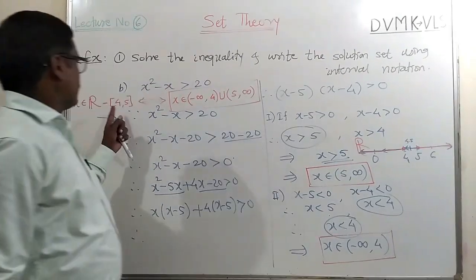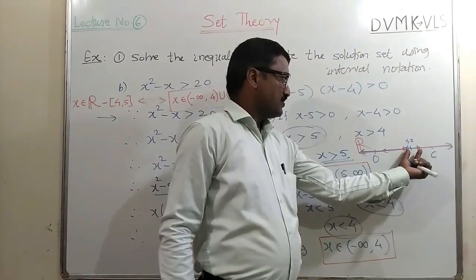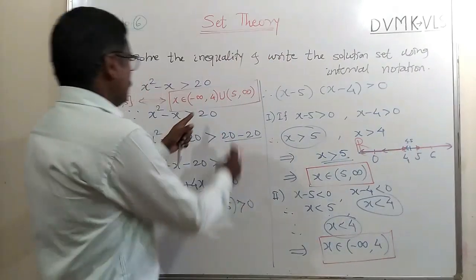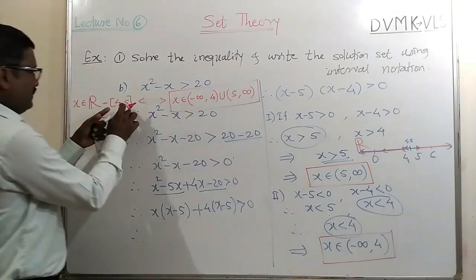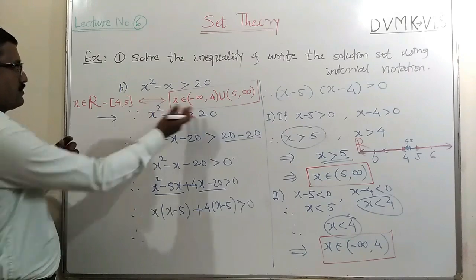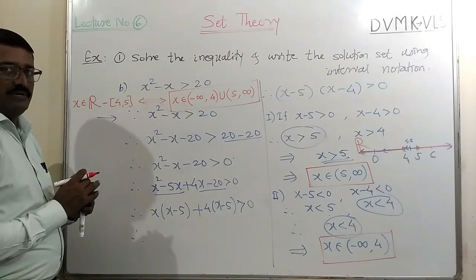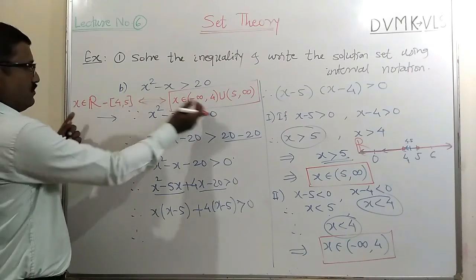Whenever we are subtracting this interval, it is closed 4 5. Whenever 4 5 is open here, here they will be closed, because we are writing in complementary form. So these two are complementary.